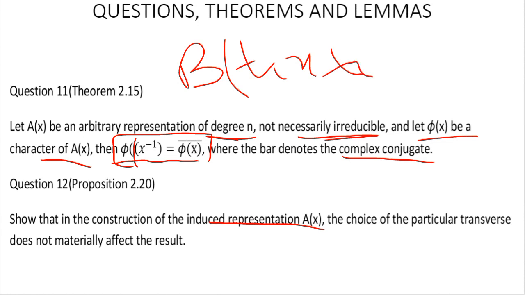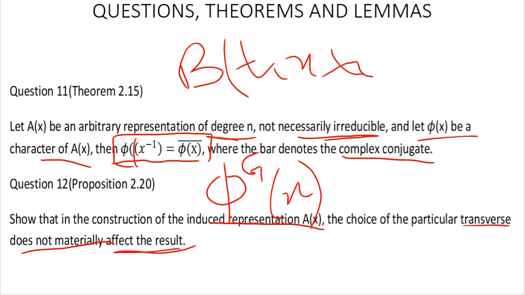It's saying that in constructing this induced representation of A(x), the choice of your particular transversal does not materially affect the result. What result? The result is the sum of your diagonals, so that's the induced character. It doesn't affect it. That's what we mean there. I should have stated what result I meant.